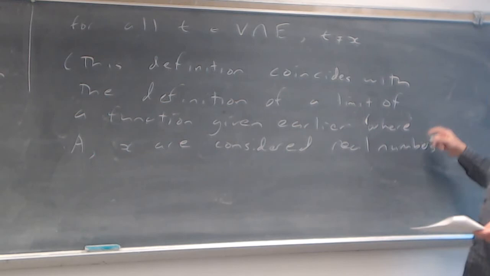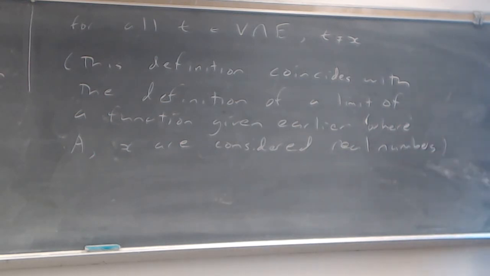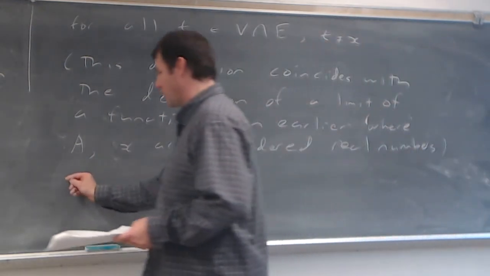So if you had a and x being considered real numbers, this would coincide with the definition we gave earlier for limits. Well, I would like to look at one example, then state a theorem without proof.